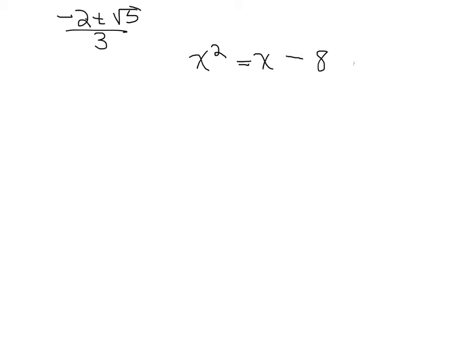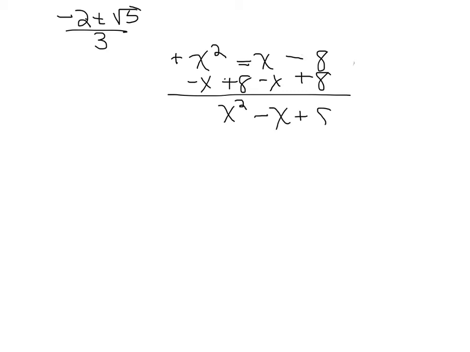We need to get one side equal to 0, and it's good to have the quadratic term be positive. So I'm going to add 8 to both sides, and I'm also going to subtract x from both sides. And we want to write this in the order in which we're used to seeing it, which is the quadratic term first, then the linear term, then the constant, and that's going to equal 0, because of course then it's in the form ax squared plus bx plus c equals 0.